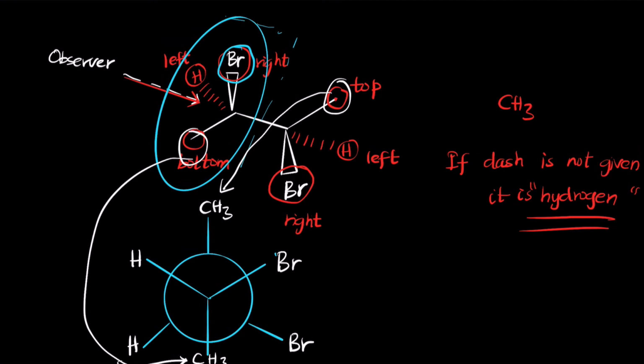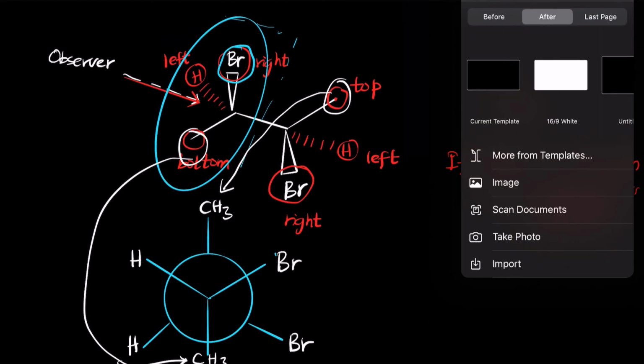So let's try another example so that you understand it much better. Let's say this is the structure that is given and they've asked us to look at it like this. If you're looking at it like this, you need not worry about which is on the left and which is on the right.